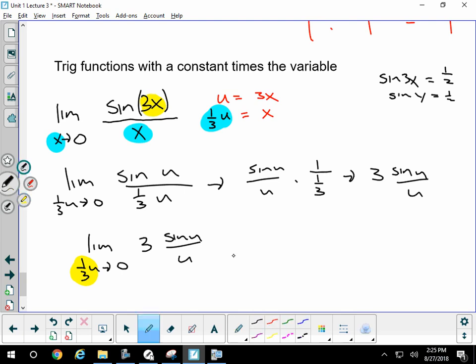Understanding that concept allows us to just say u approaches 0 instead of 1/3 u. 1/3 u approaching 0 is equivalent to saying u is approaching 0. They both have to get closer and closer to 0. And then I have the limit as u approaches 0 of 3 sine u over u. We already did this problem just with x's, and we got an answer of 3.